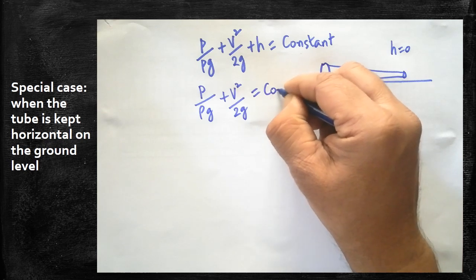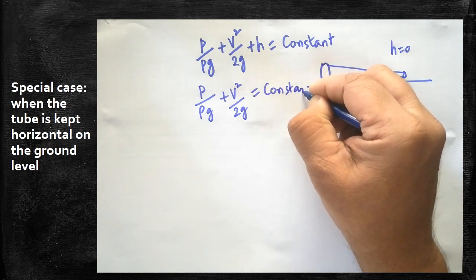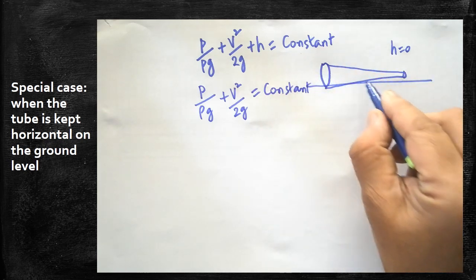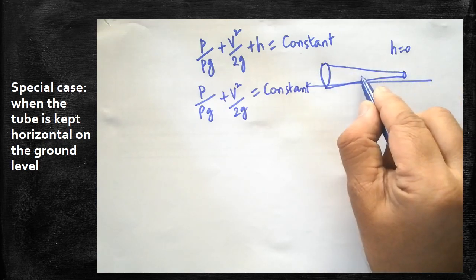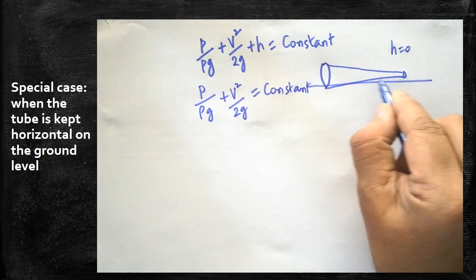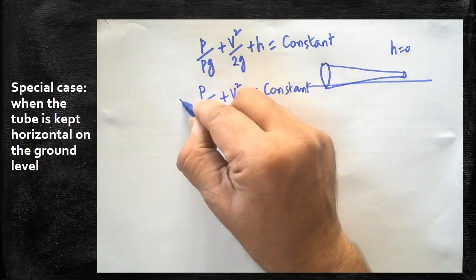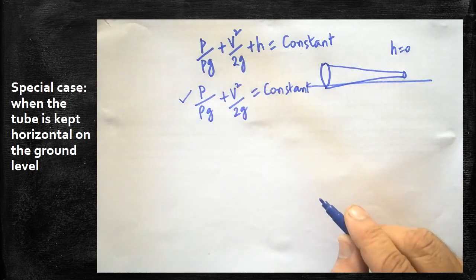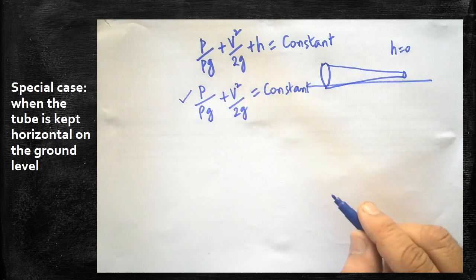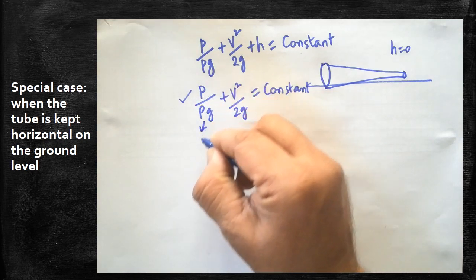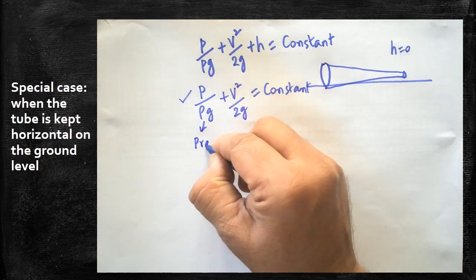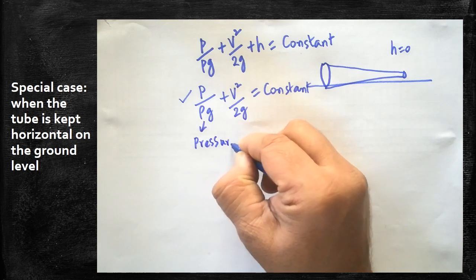So finally you will get a new kind of equation, especially for the case when the liquid flows through the pipe kept on the ground level itself. In that case you have to use this equation. Here I would like to tell a few more things. The name of this part is pressure head. That one tells about the pressure.